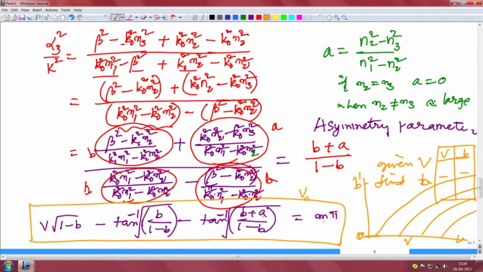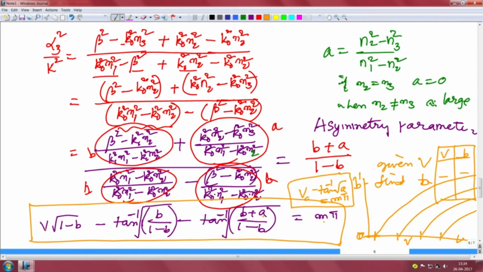With b equal to 0, tan inverse 0 is 0 and here A remains, and minus tan inverse root A is m pi. This is the expression for cutoff. So, every curve starts at tan inverse root A.